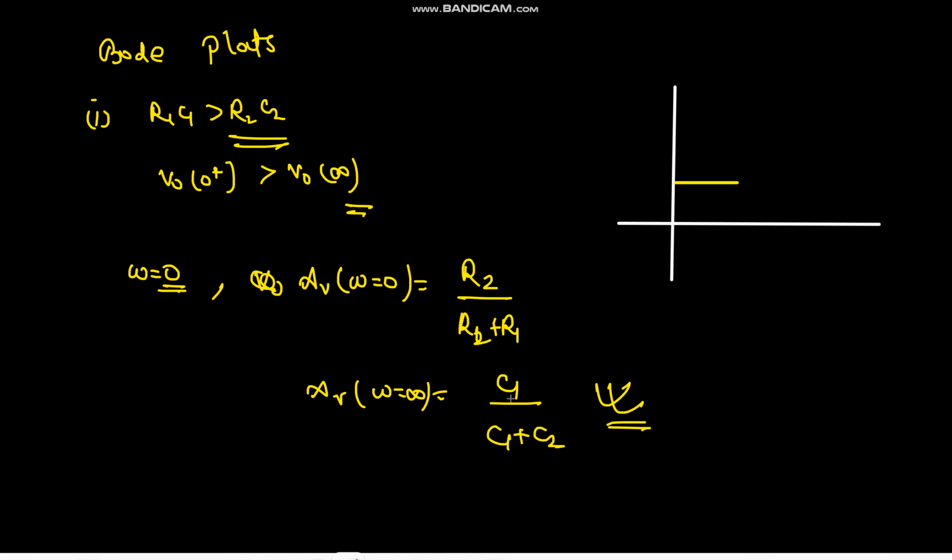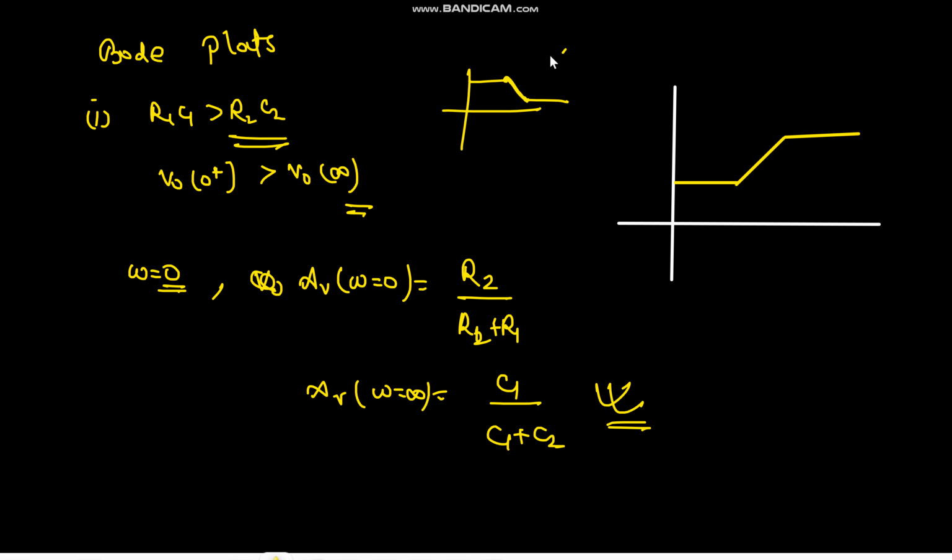At omega equals to 0 we are having this gain, and at omega equals to infinity we are having more gain. So first we have 0 here, and then we have a pole here, because if we had 0 before pole, like this is the DC gain, and then we have a 0, then we have a pole, so it would go minus 20 dB per decade, and then we have a 0.